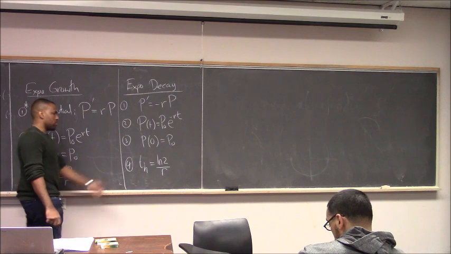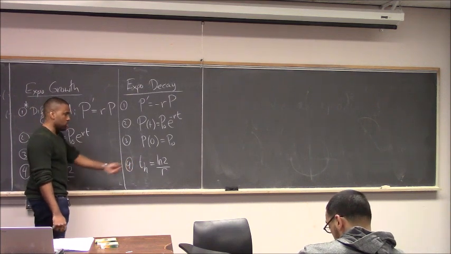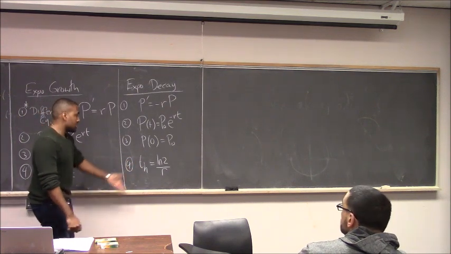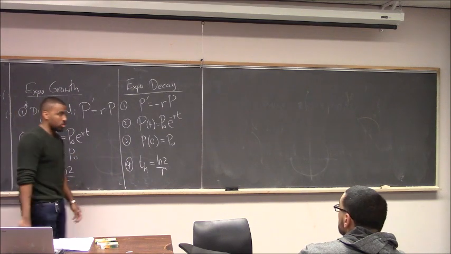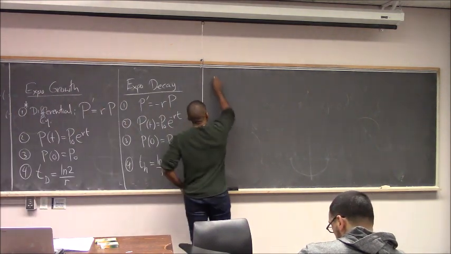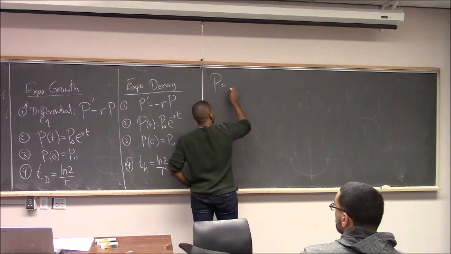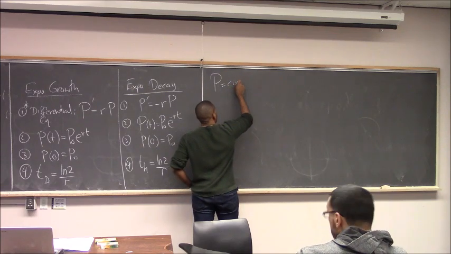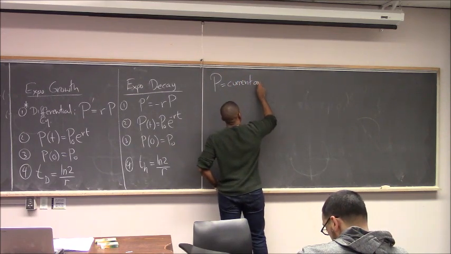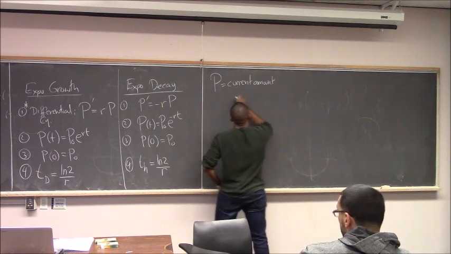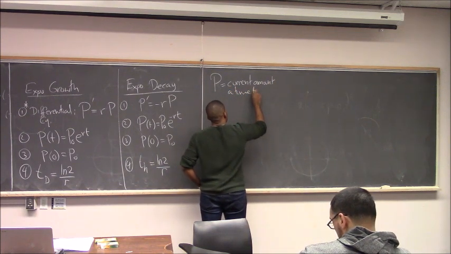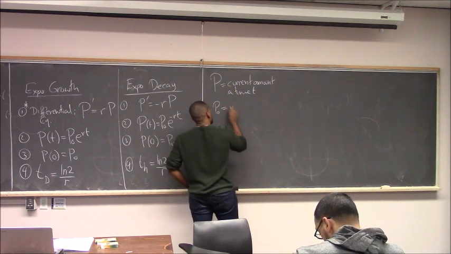So those of you in bio or chemistry would already be used to that concept, right? So this is the time taken to have half of what you started with. And so what you need to know is what these things are. So the P is the current amount of the quantity at time t. P naught is the initial amount.